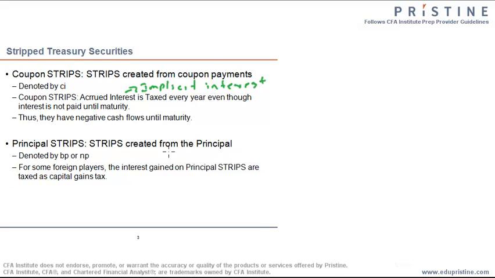If it's created using a treasury bond, you would use the notation BP. If it's created using a treasury note, you would use the notation NP, right? And for some foreign players, the interest gained on principal strips is taxed as capital gains tax.